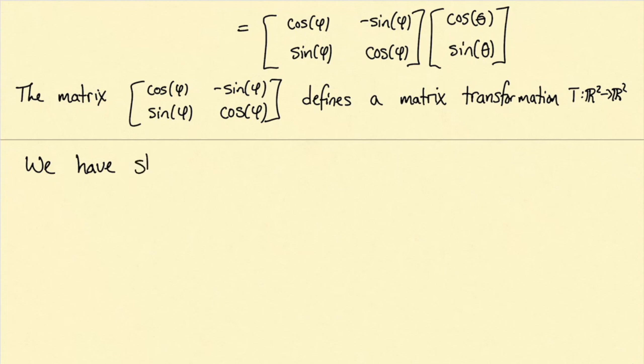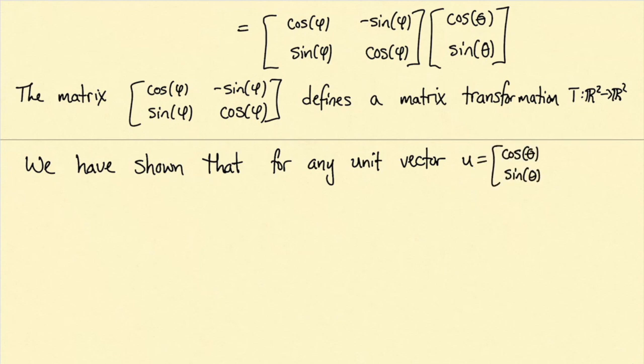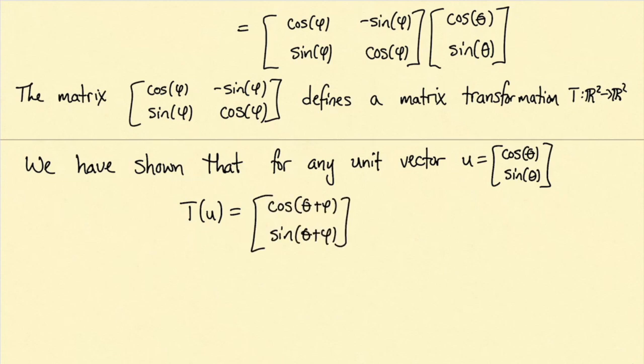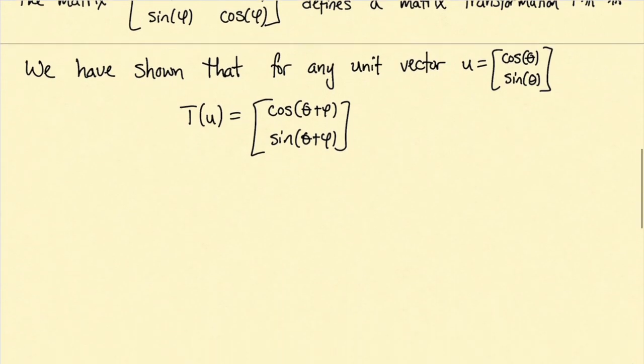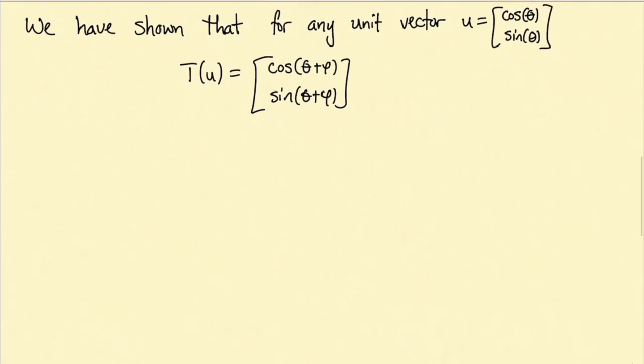What we observe here is that T takes a unit vector and rotates that unit vector by phi radians in the counterclockwise direction. So this gives us a partial answer to our original question of how we can rotate a vector using a matrix transformation.